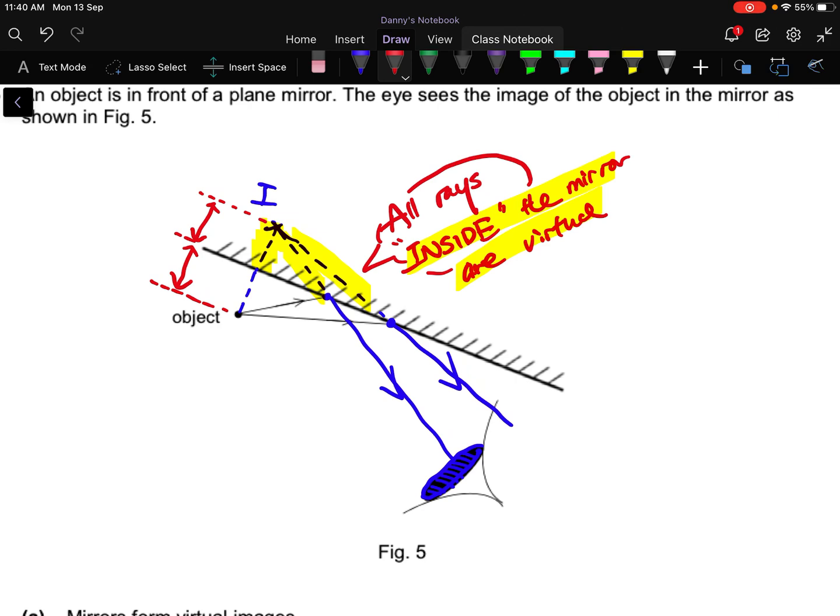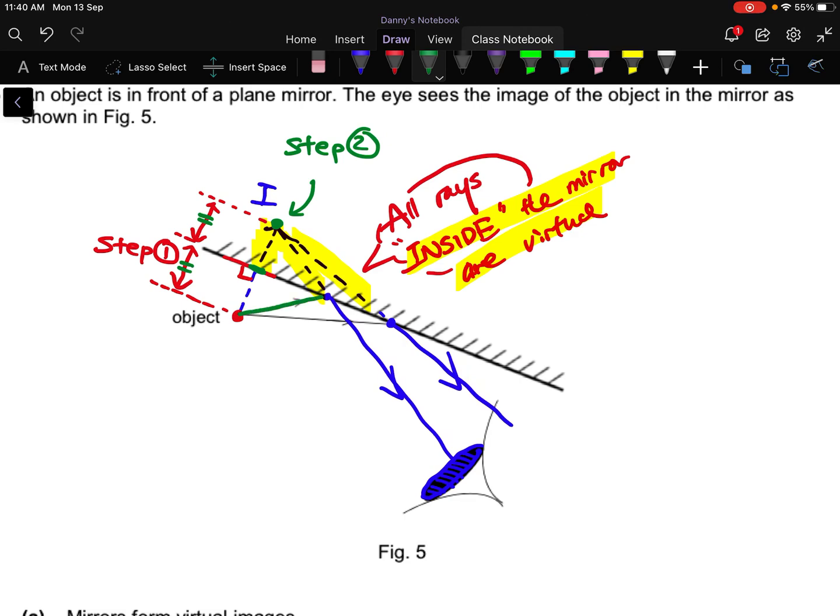Step number 1 is always to measure the object distance, meaning from the object perpendicular to the mirror. Then after that, you will be able to locate your image by measuring the same distance from the mirror.